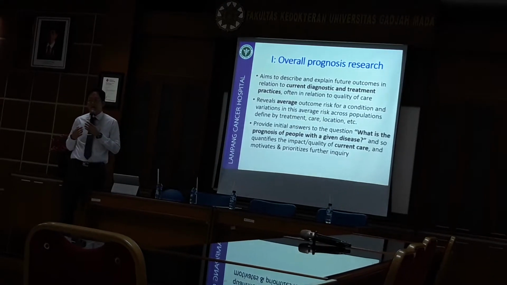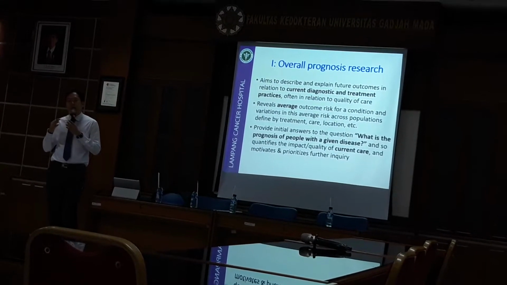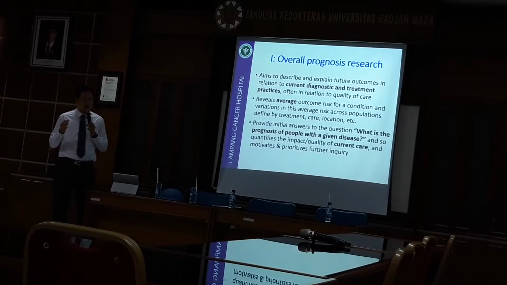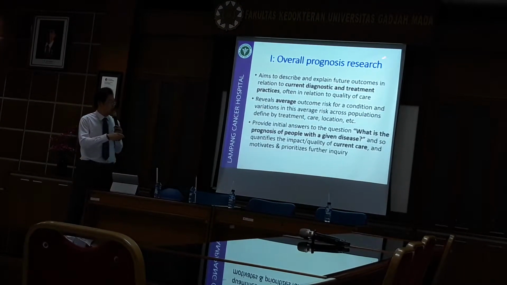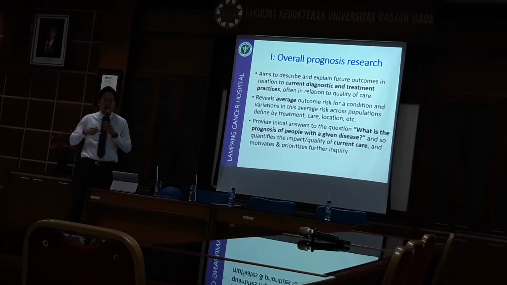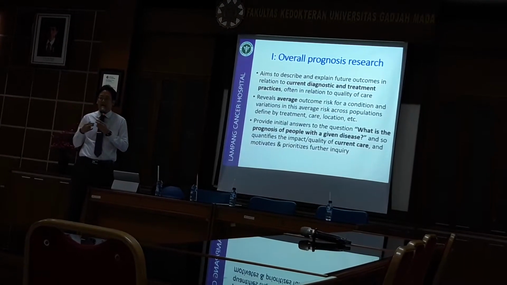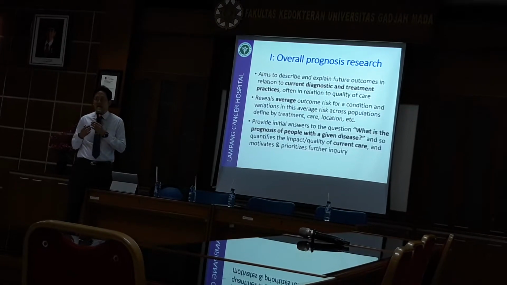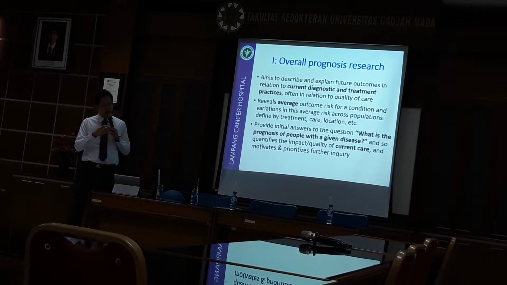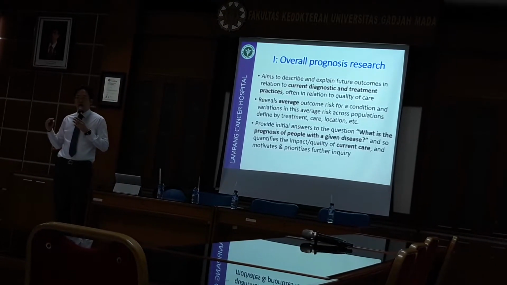What is the 5-year survival of lung cancer patients in Yogyakarta? This is overall prognosis research. Deal with current diagnosis and treatment. What is the effectiveness of the healthcare system for cancer in Yogyakarta now? Okay, so I would say this is overall prognosis.